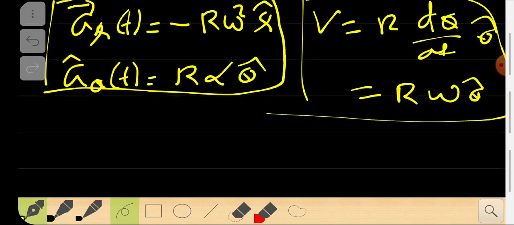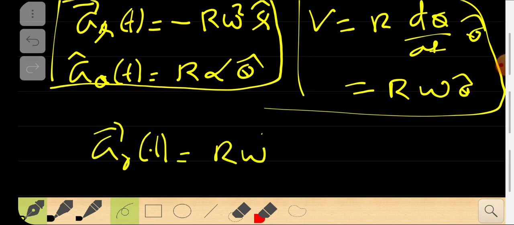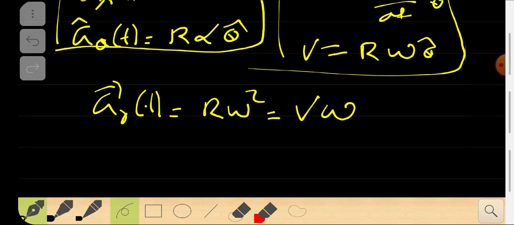Now we can substitute that into the equation of acceleration. So the radial acceleration r omega square will be equal to v omega, because v is equal to r omega. So we substitute that back in and get v omega.